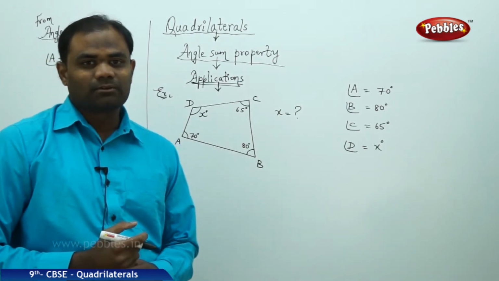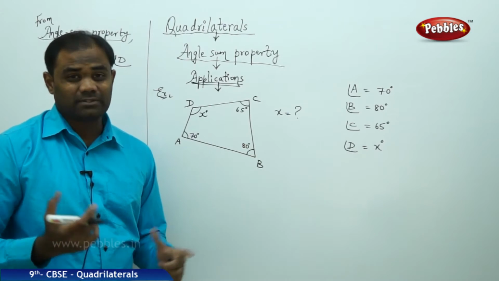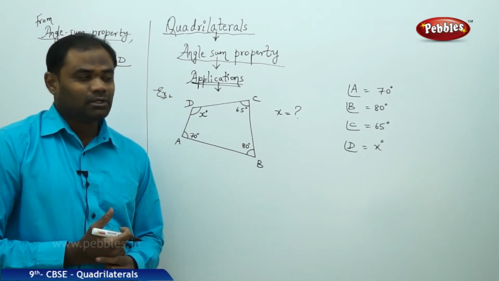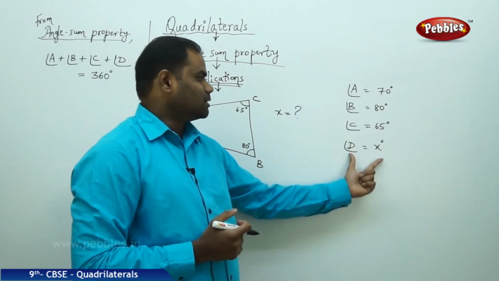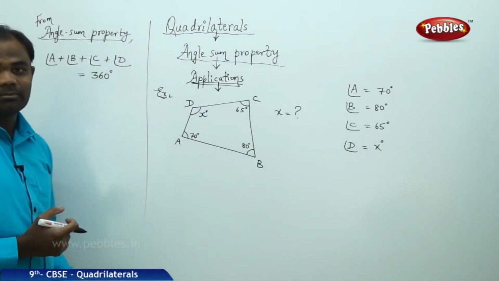The angle sum property for a quadrilateral, where the sum equals 360, is what we have seen in the previous session. Now that we know each of the angles, let's substitute in the angle sum property.